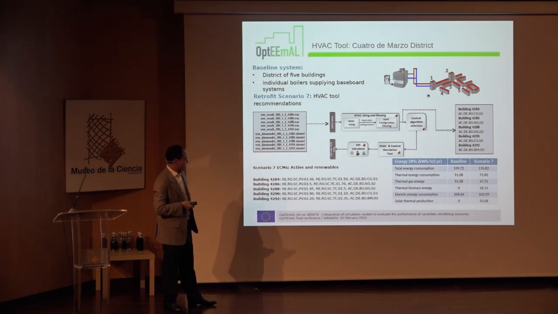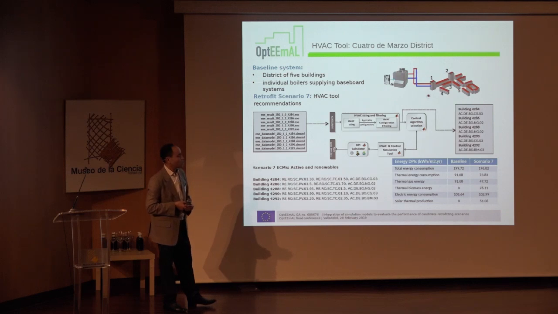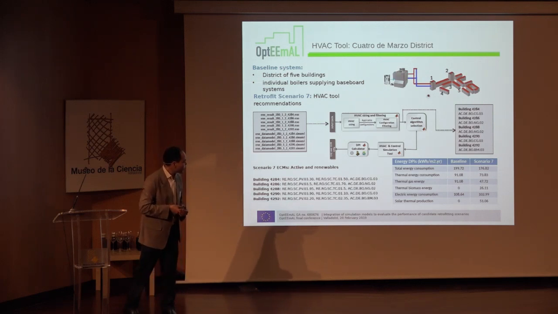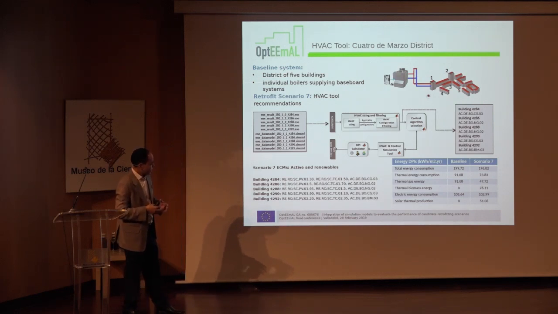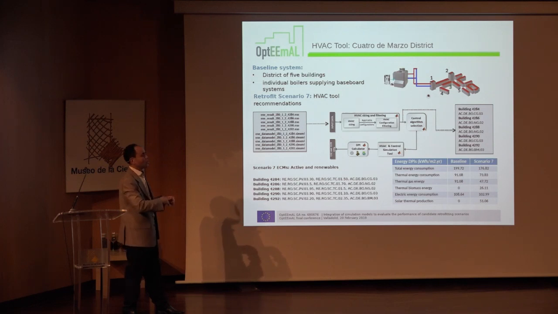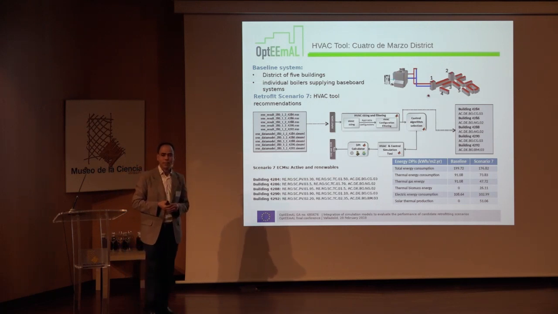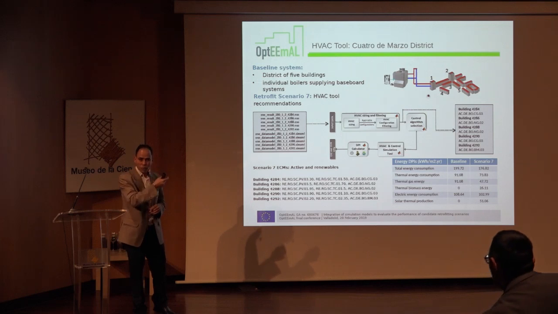And you see the contribution of biomass, solar thermal, and so on. As I mentioned earlier, the tool will do multiple of these runs, and at the end will present the best scenarios for the district. So with that, I'll pass it back to Jorgos, if you want to conclude.